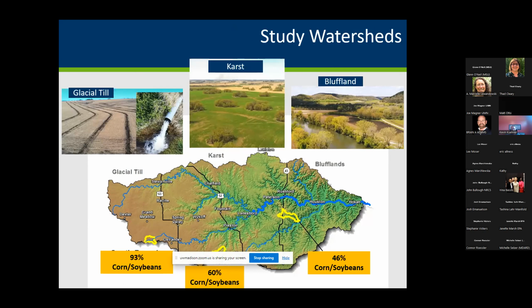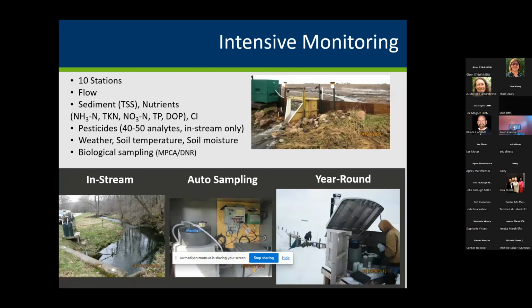Back in 2009, as part of a special research and demonstration project to evaluate the effects of conservation practices, we targeted small sub-watersheds within each of those unique landscapes. Nested within each, we had edge-of-field monitoring in both tile and surface runoff, and at the outlets of these watersheds, monitoring equipment to measure what's coming out of the streams.